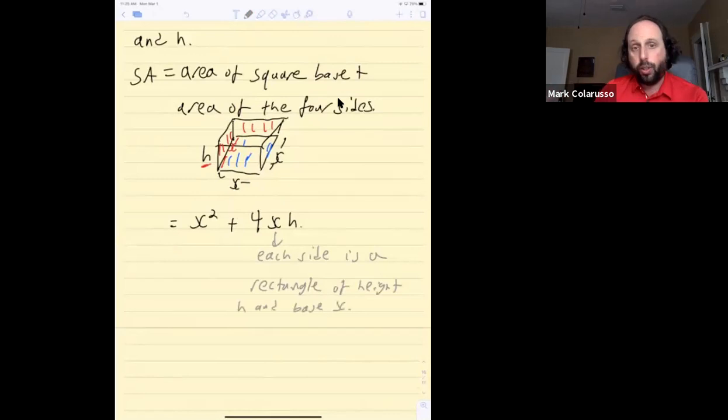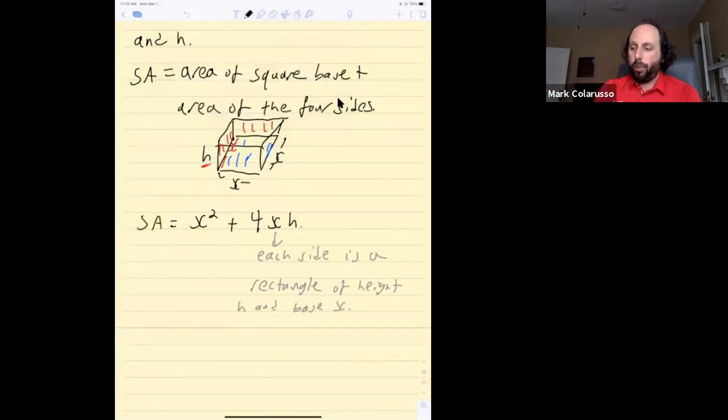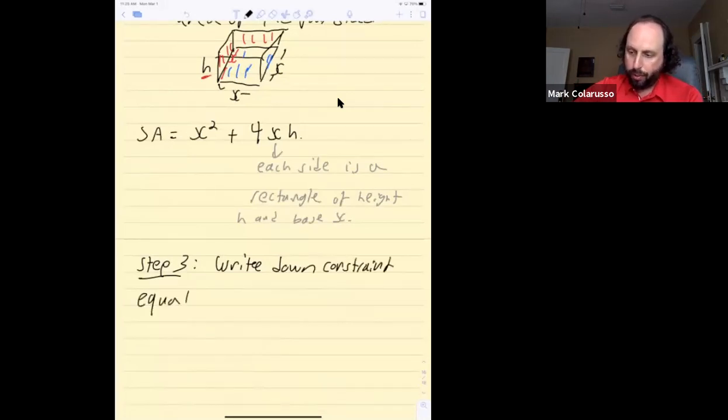There are 4 sides, so you have 4xh. So the surface area is x squared plus 4xh. That's step 2 done. Step 3, write down the constraint equation, and use it to simplify the equation for the surface area, like we've been doing all along.